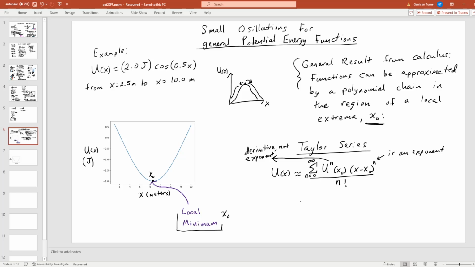In our case, this is going to be a minimum. And then you plug everything into this formula.